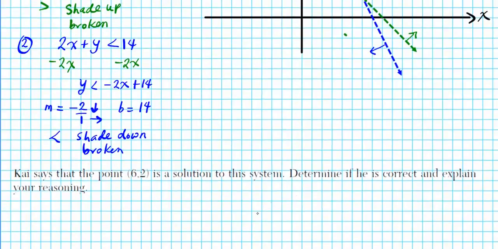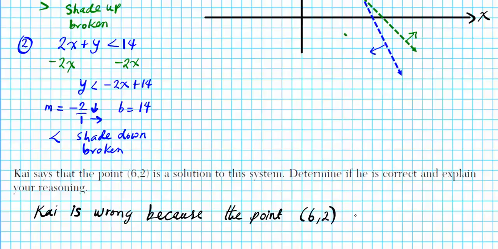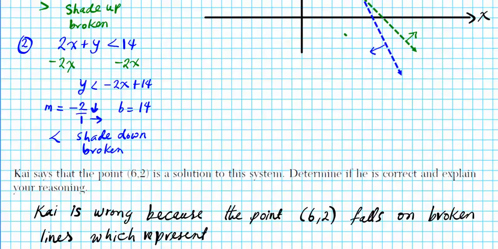So let's go ahead and write it down. Kai is wrong because the point (6, 2) falls on broken lines, which represent points that should be excluded.